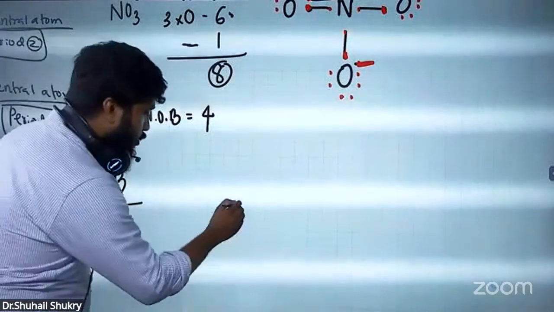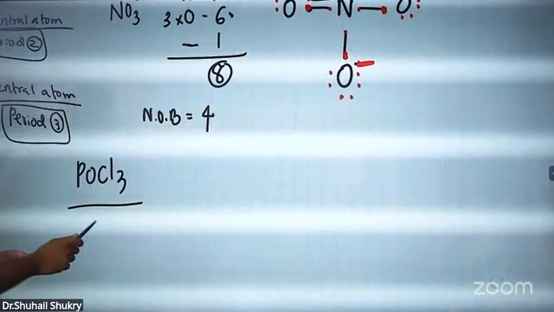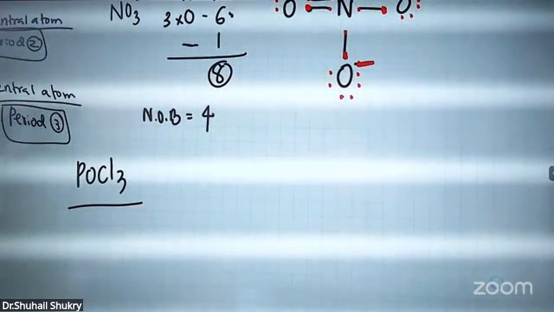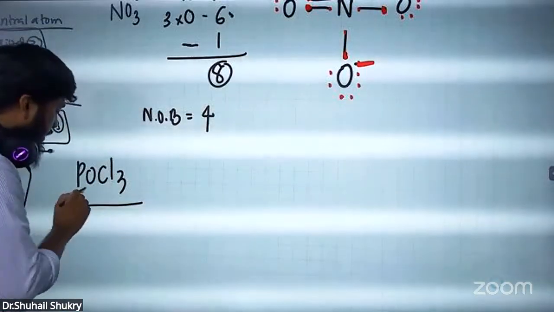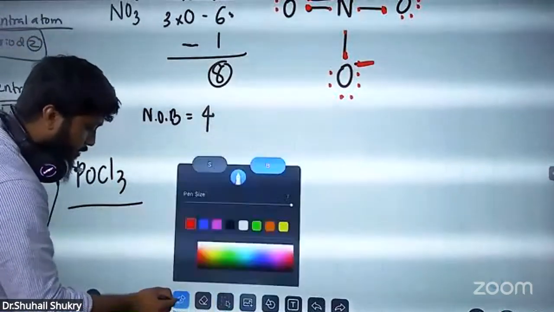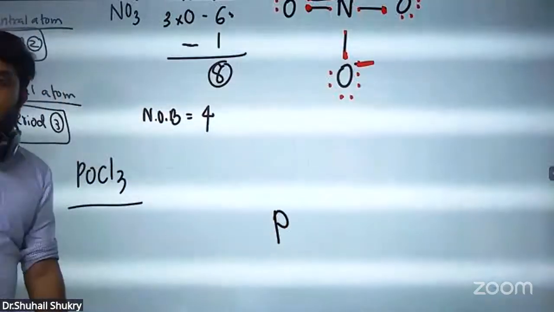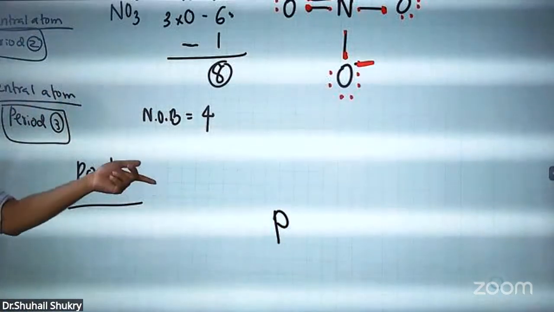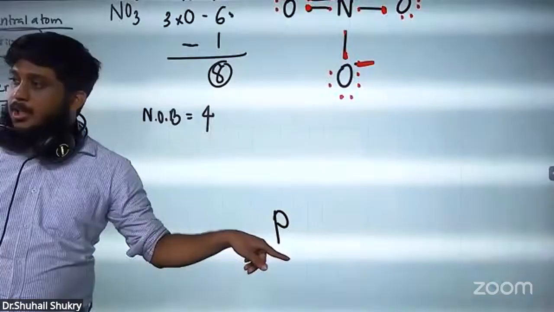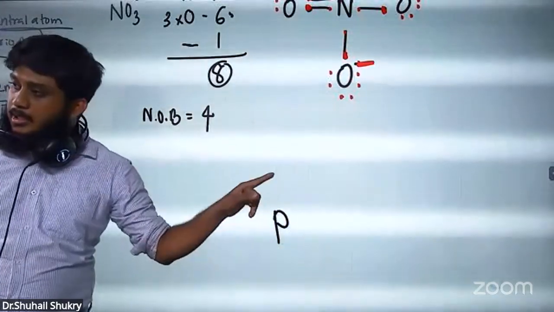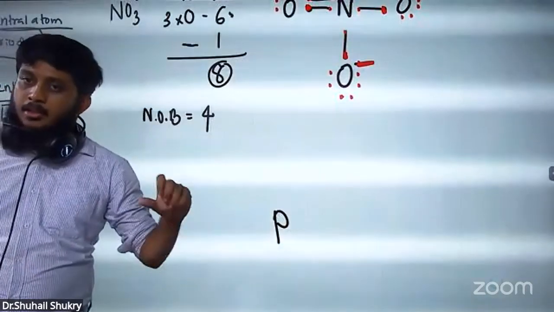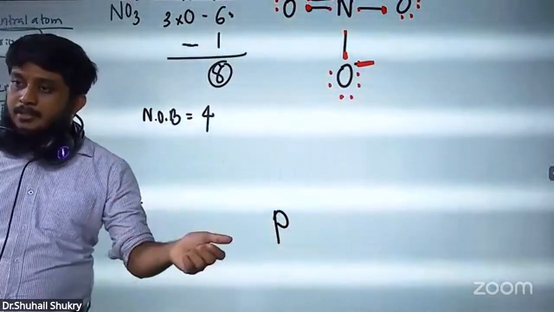So phosphorus I can draw like this. Remember, for these third period elements, we don't count the number of bonds. We write the central atom, phosphorus, and connect the other atoms with it, equivalent to their valency number.